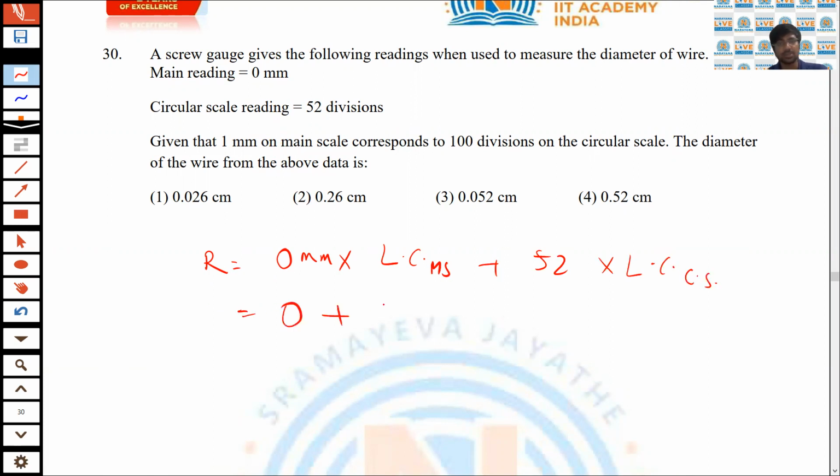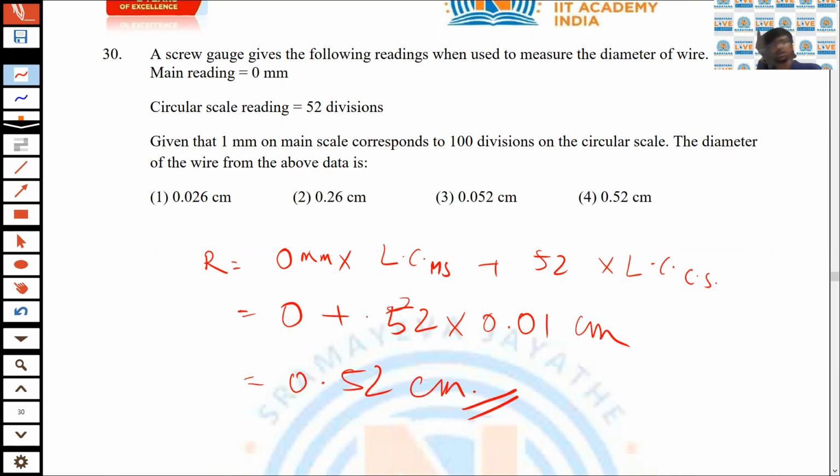The first term becomes 0 and this becomes 52 times 0.01 centimeters, which basically means 0.52 centimeters. And this is the correct option. So for question number 30, we get the fourth option as the correct option.